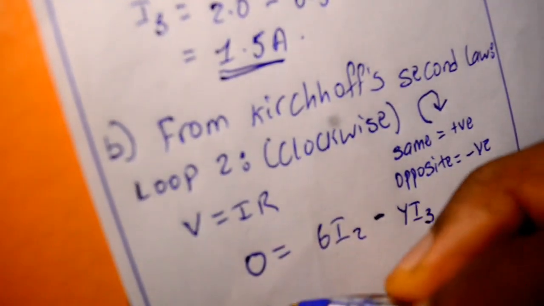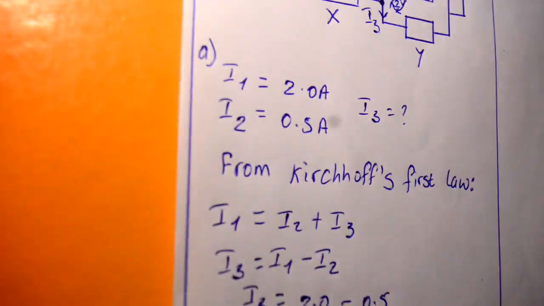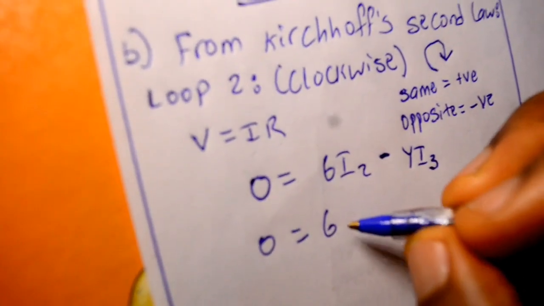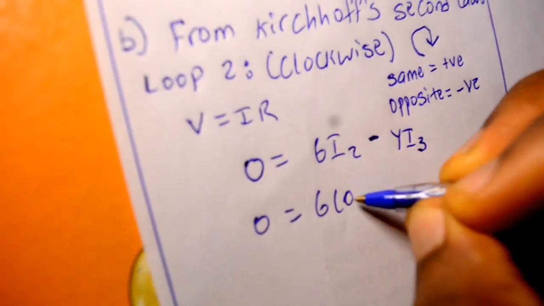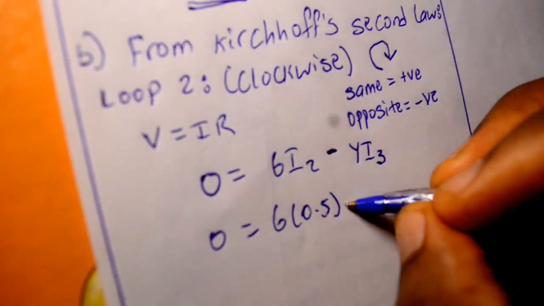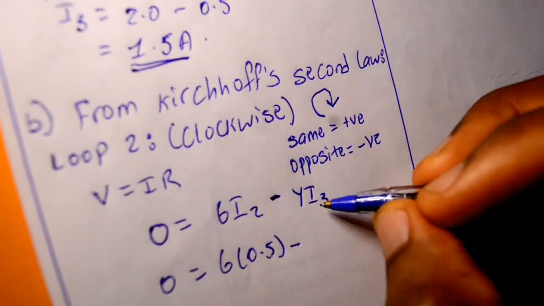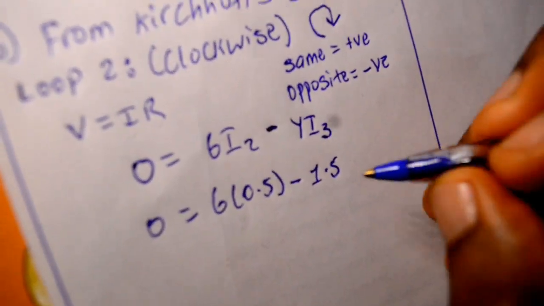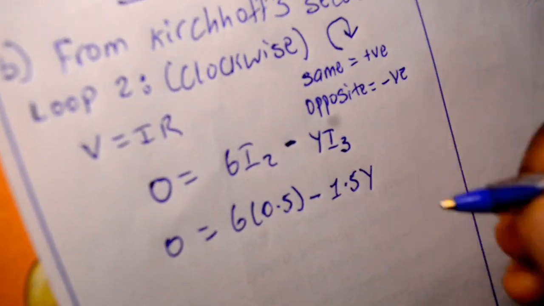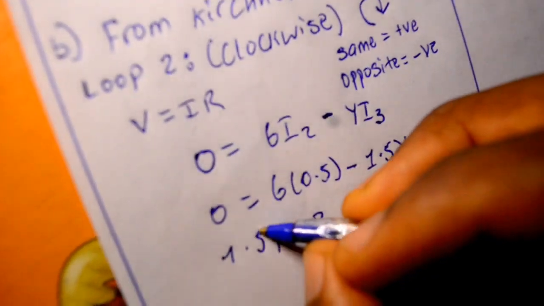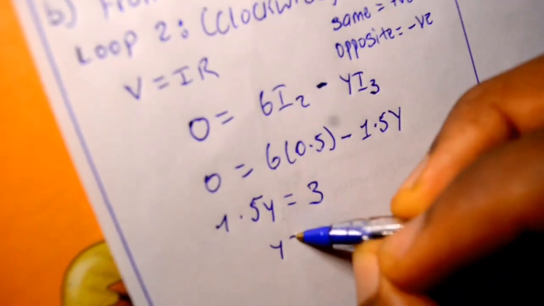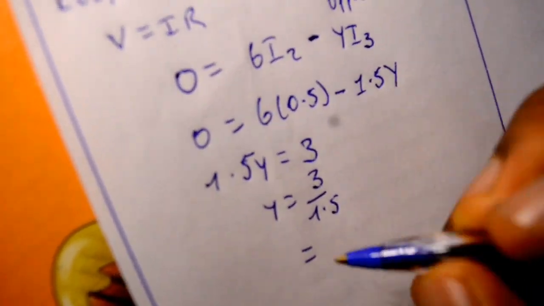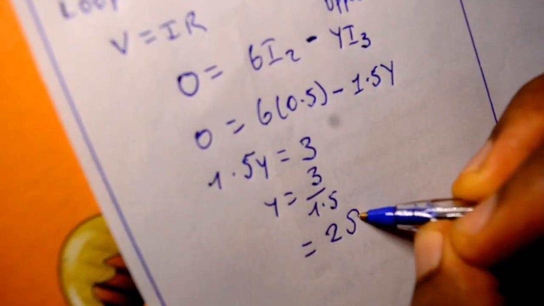And you know that 0 equals 6 times I2, and I2 is 0.5, minus I3, which we got here, times Y. And I'm looking for Y. Now Y will be equal to 3 over 1.5, which is equal to 2 ohms.